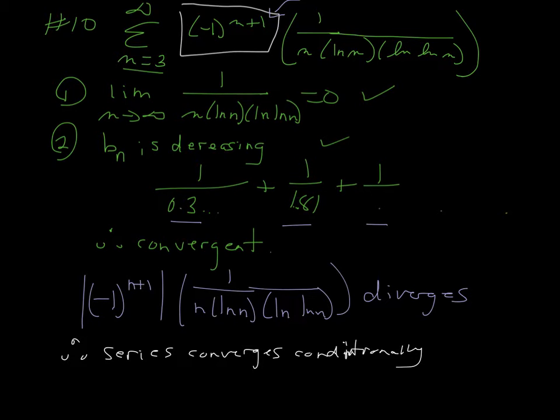So the alternating series converges, but the absolute value of that series diverges, and so we say that one converges conditionally also, and that was number 9, wasn't it?